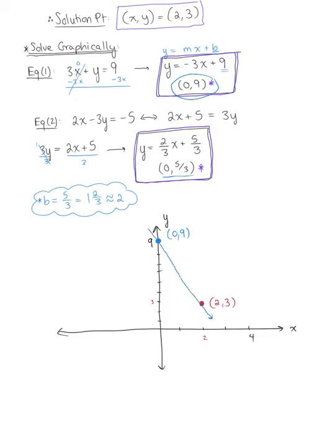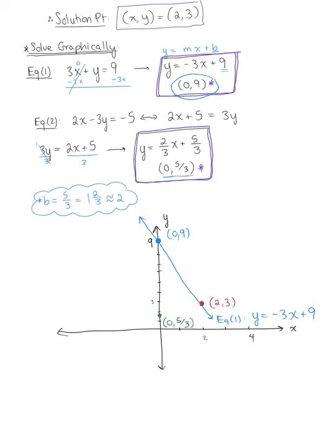And now we want to do the same thing with equation 2, which has the y-intercept at 5/3 or 1 2/3. So we know 1, so we'll say right about here. Again, graphing paper will make this a little bit easier, but we'll label our point for accuracy.